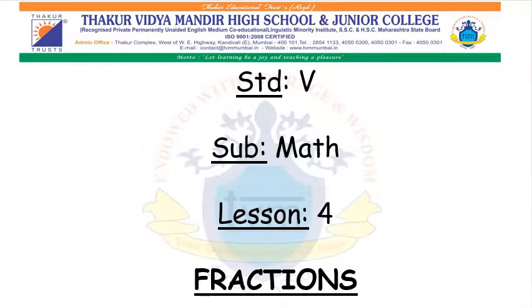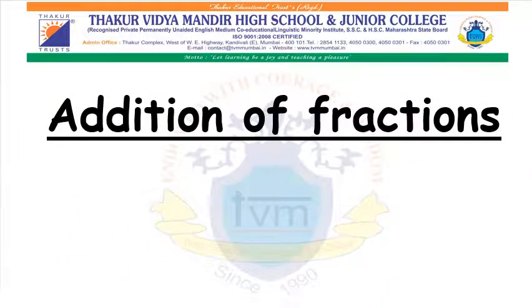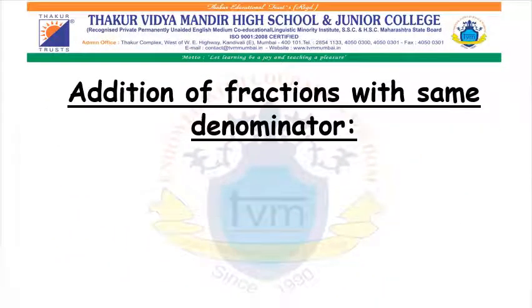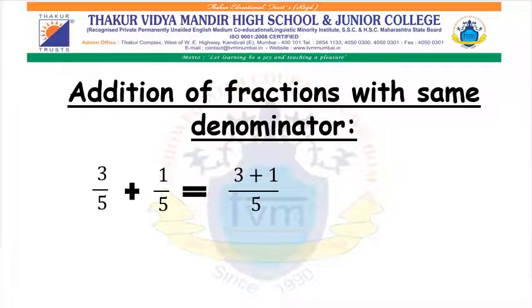In the last video, you saw what are like and unlike fractions. Now, we will see how we can add the fractions. First, we will see the addition of fraction with the same denominator. Here, you are given 3 upon 5 plus 1 upon 5. 3 and 1 are in the numerator and you can see the denominators are same, that is 5.